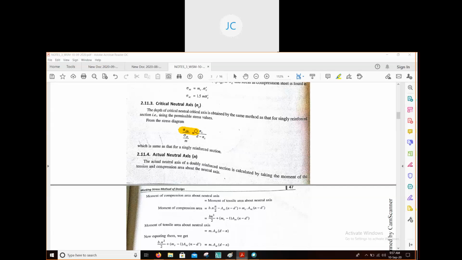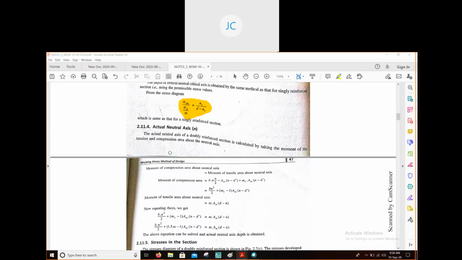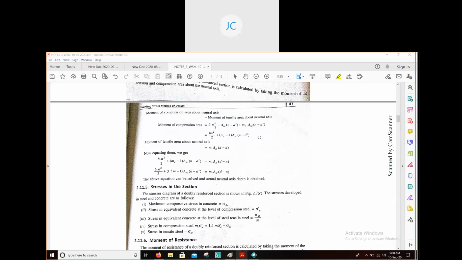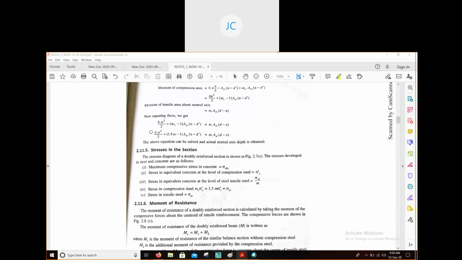We need to find out the critical neutral axis by the same formula. Only the difference will come when we have to find out the actual neutral axis. Okay, so you can see the formula, this one.